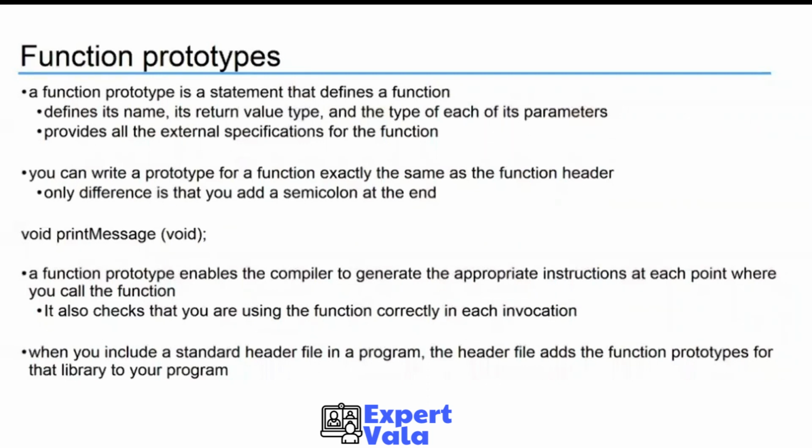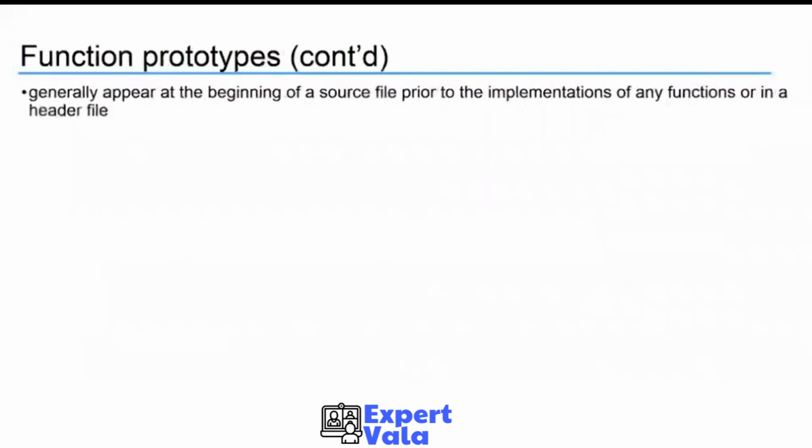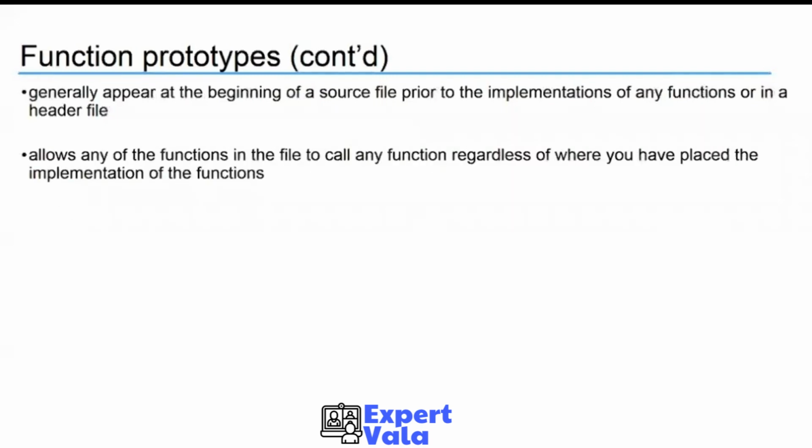So they usually appear in source files if only that source file is using that function. Otherwise, you put them in a header file if they are being reused by many source files.